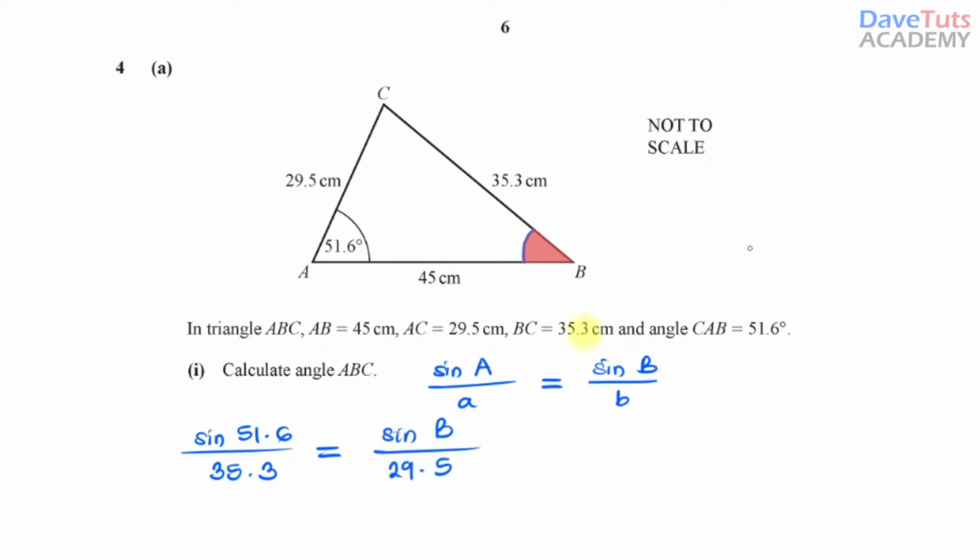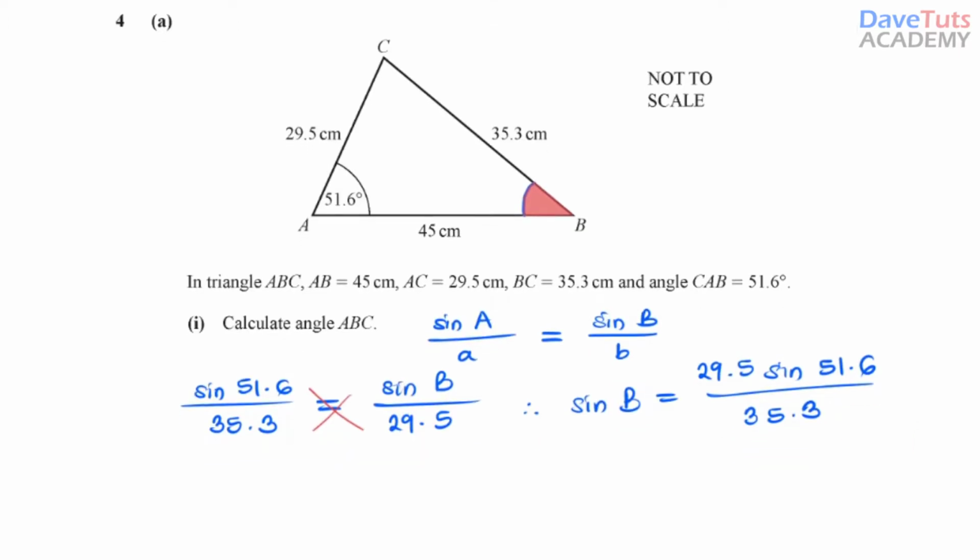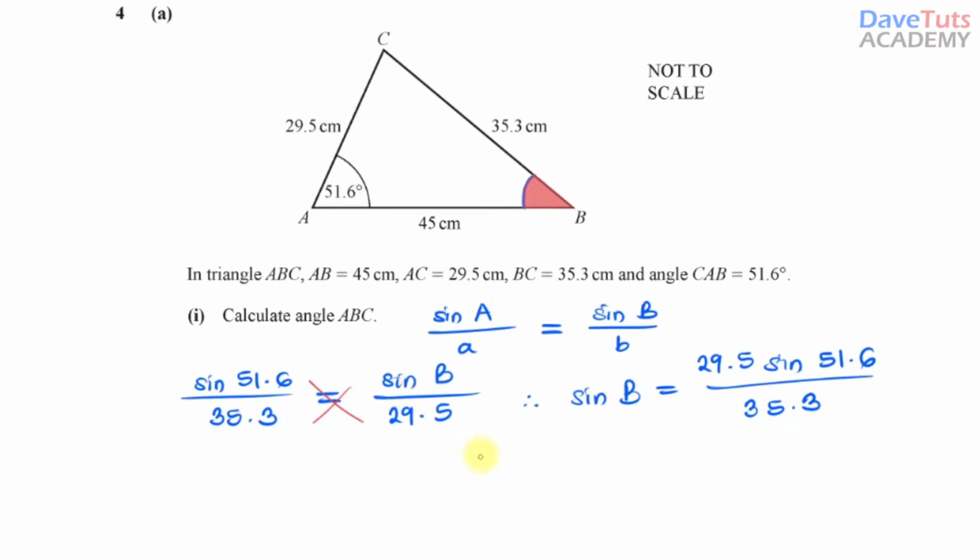So in this particular case, all I just need to do is cross multiply, such that I'm going to have sine B is equal to 29.5 sine 51.6 divided by 35.3.